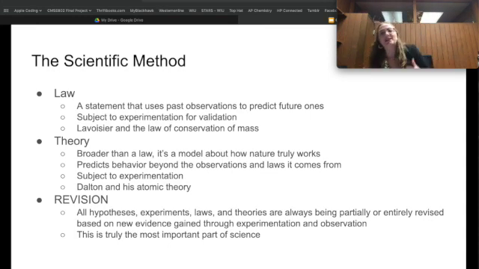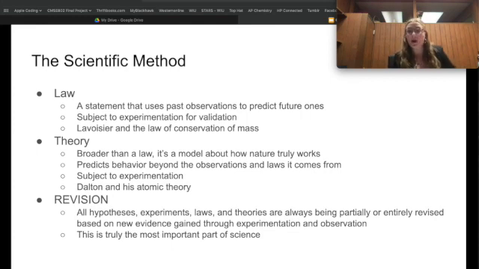And so what Lavoisier did was he thought of the law of conservation of mass. So the law of conservation of mass says that before a chemical reaction, we have a certain amount of mass, and afterwards, we'll have the same amount of mass. Mass is neither gained nor lost in a chemical reaction.